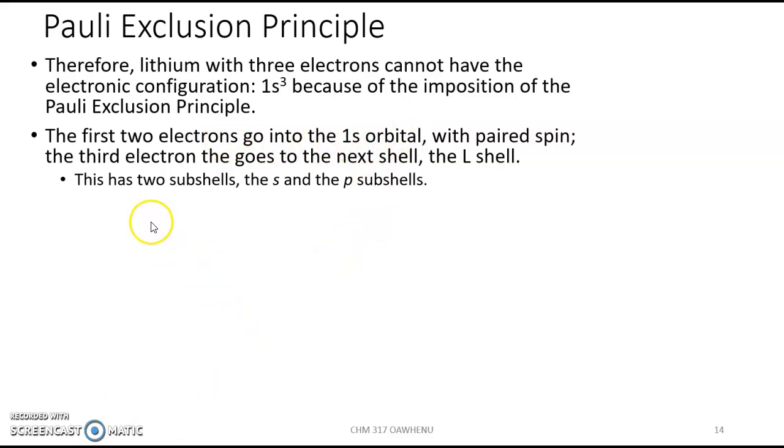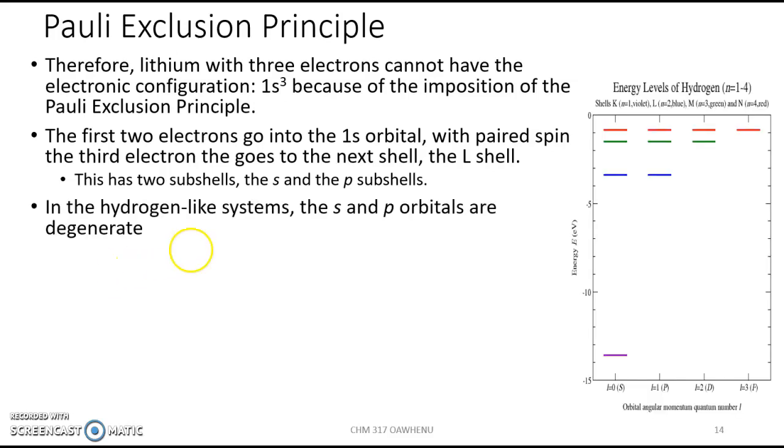When those electrons are paired, the third electron cannot go into the same 1s orbital. It goes into the next energy level. The next energy level, n equals 2, has two subshells, the 2s and 2p.